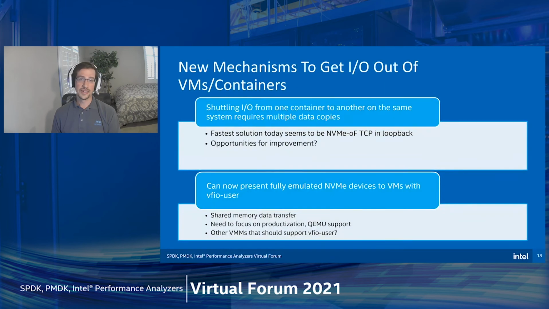We're also going to need clearly new mechanisms to get IO into or out of both virtual machines and containers. And so I'll start with the container case. Today, shuttling an IO from one container to another on the same system requires 2 data copies in most cases. This is a common case, it turns out, for a lot of these storage services.